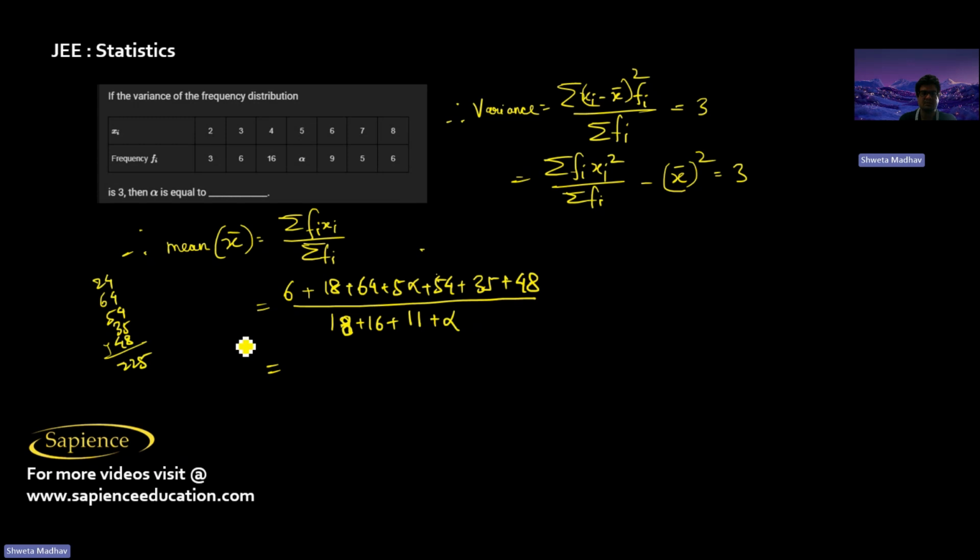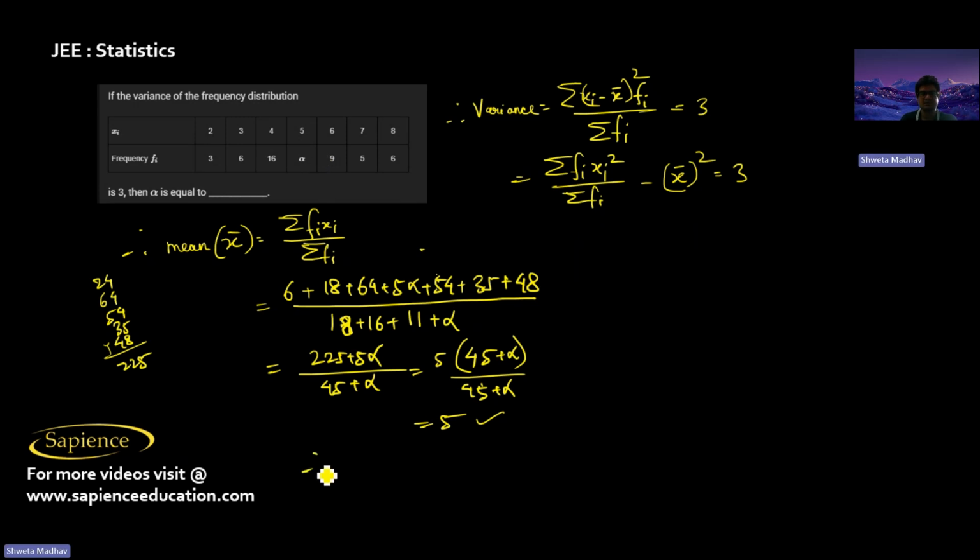And 9 plus 16, that is 25, plus 9 plus 11, that is 45 plus alpha. So this is 225 plus 5 alpha divided by 45 plus alpha. The mean will be, from here 5 I can take as common: 5 into 45 is 225, plus 5 alpha, over 45 plus alpha. So that is equal to 5. So the mean value is 5. So the mean value is independent of alpha.